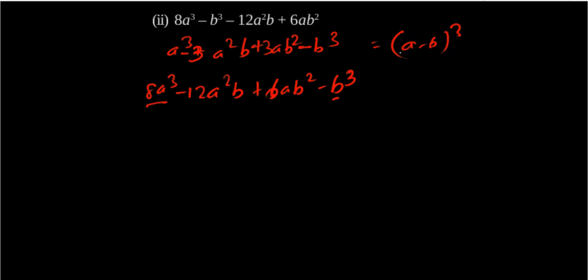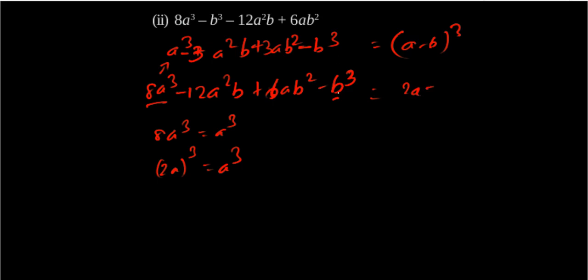So, 8a cube is in place of a cube. This can be written as 2a the whole cube, that is equal to a cube. That means in place of a we have 2a. So we write in place of a, 2a minus b cube.